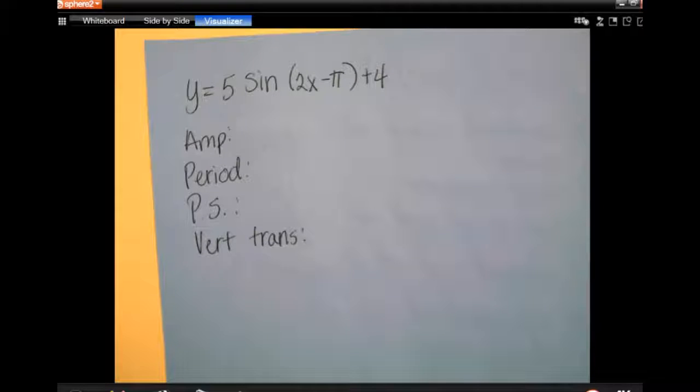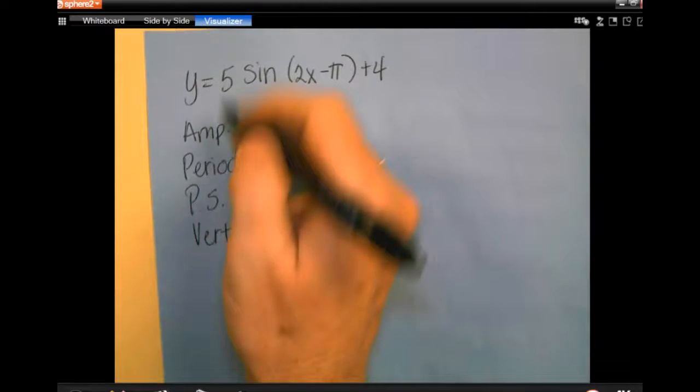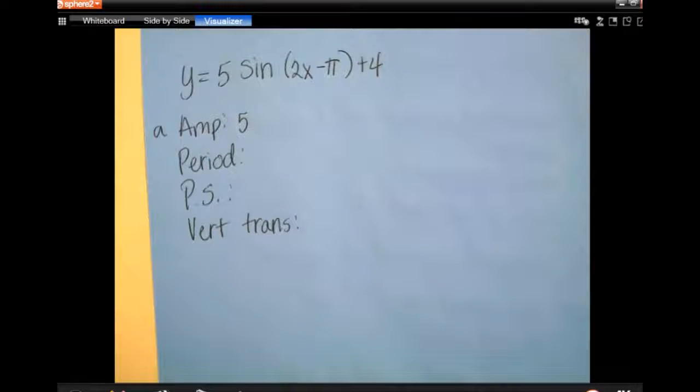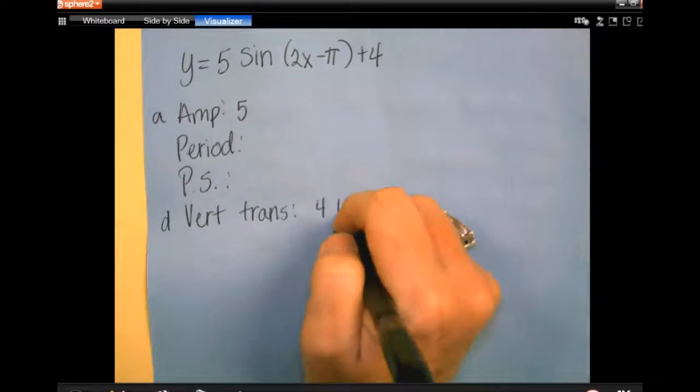Phase shift. So the amplitude is my A, right? And it's 5. So the vertical translation is D. So this is 4 up.